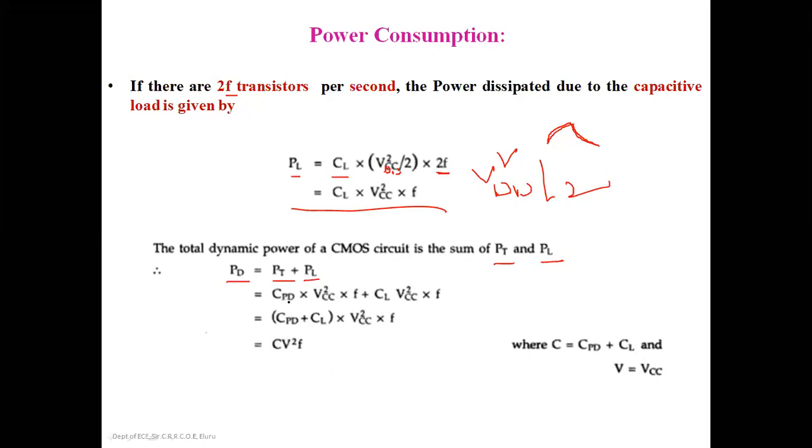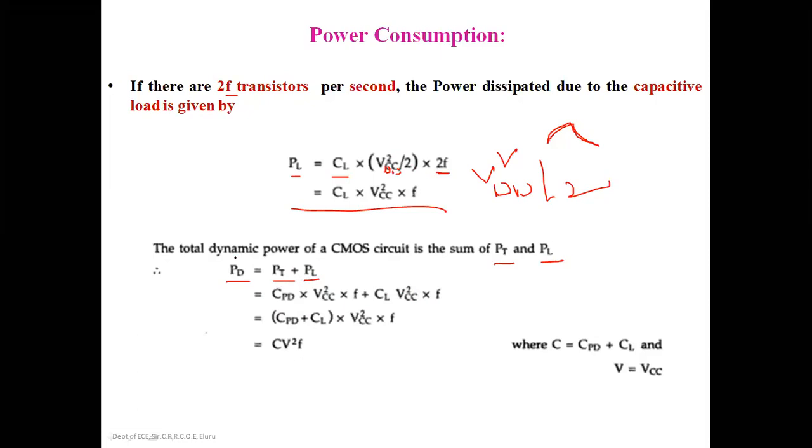So that is CPD into VCC square into F, plus, again, the capacitive load CL into VCC square into F. Here the 2 and 2 will get cancelled, and again you will have the same equation as PT, the power due to the transient.